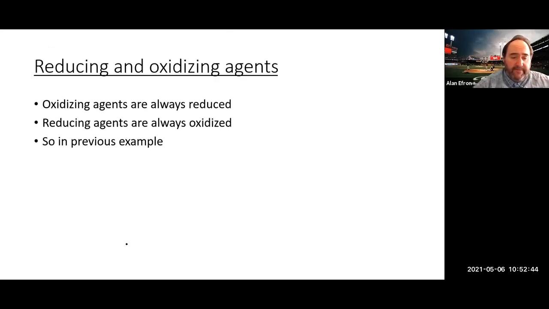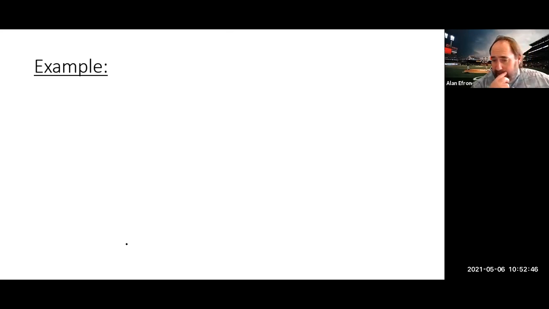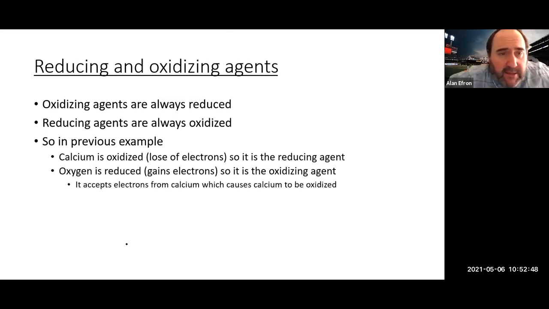So let's talk about what those guys are and what that means. When we talk about an oxidizing agent, it is actually the substance that is being reduced. So the oxidizing agent is the guy that's being reduced, while the reducing agent is the substance that is being oxidized.